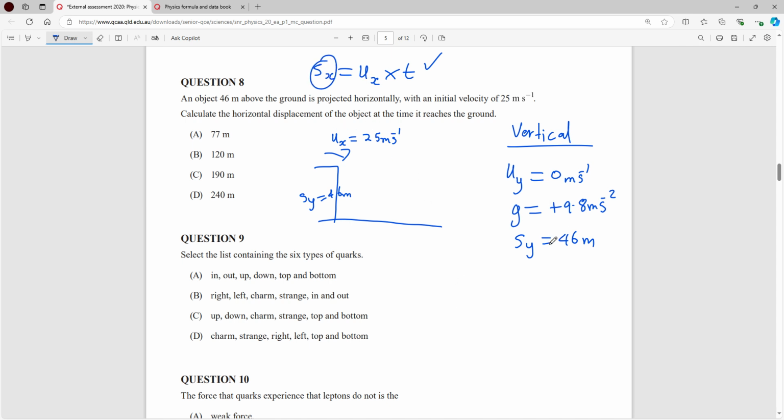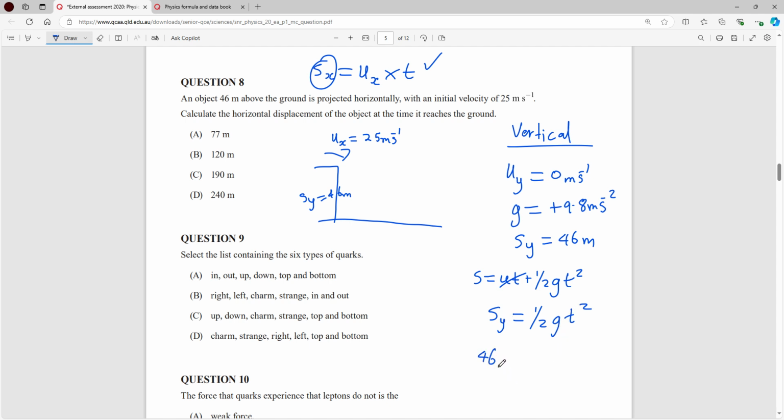So here, we pretty much can choose between our SUVAT equations. So I would probably choose this one, s equals ut plus a half g t squared. Because here, my u is going to be 0, so my formula would simplify to s y equals a half g t squared, okay? I know what that is. I can work out the rest, okay?